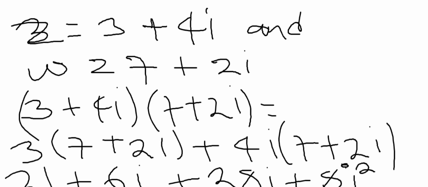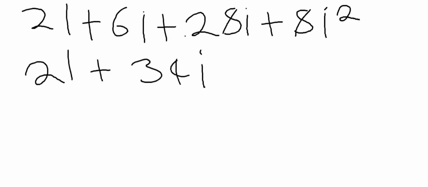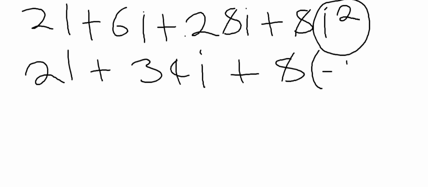After we simplify it, we find that we have 21 plus 6i plus 28i, which is equal to 21 plus 34i, plus 8i squared. But for this one, i squared, we learned that i squared is just the same as -1.